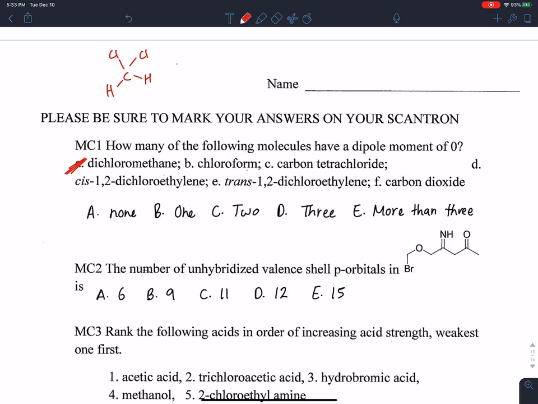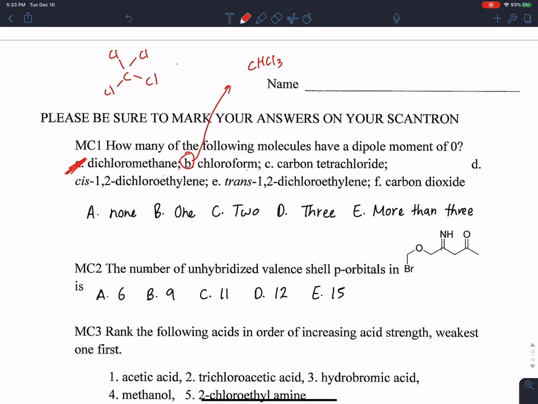Chloroform, that's CCl4. So if all of these were Cls, well, yes, that doesn't have a dipole like that. So this is one of your answers. Carbon tetrachloride, same thing. Actually, I think chloroform was CHCl3. This one might be CHCl3, which does have a dipole.